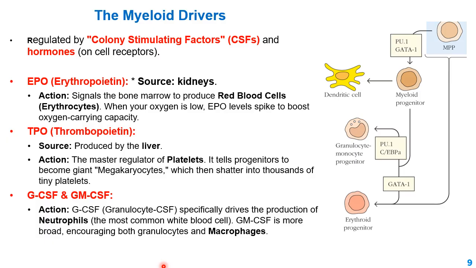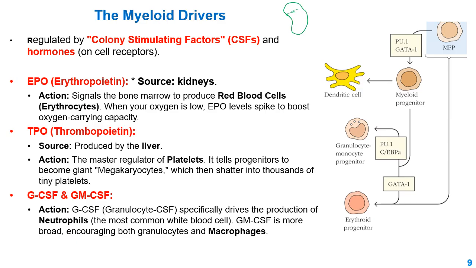Could you explain what the hormone is again? Oh, okay. So, let's say here you have your kidneys. Your kidneys have sensors, and they are going to feel that your blood doesn't have enough red blood cells.